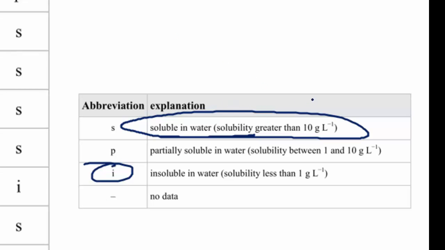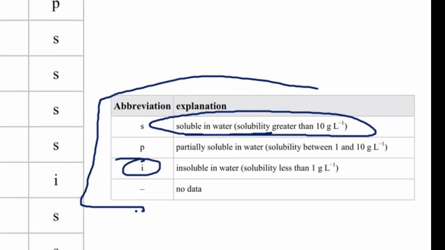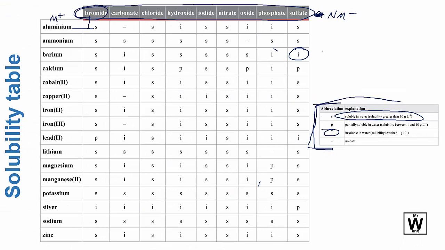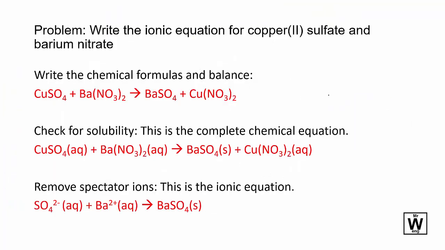It's useful to know what those definitions actually are, because this is a little bit imprecise if you really want to know exactly what the story is. You could Google solubility product constants, where you can get exact numbers and exactly how many grams in a particular situation. So moving on from there, let's go to an actual problem.